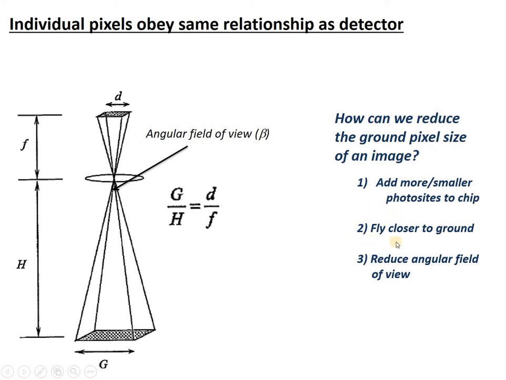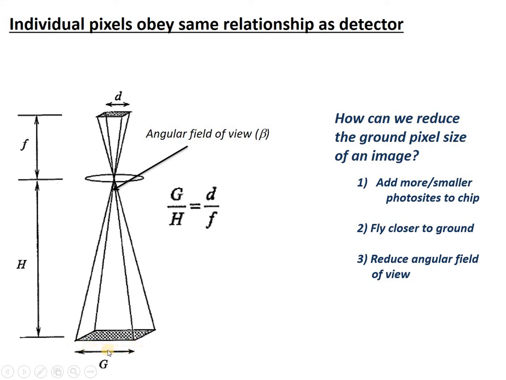You can fly closer to the ground is another one, right? So if you fly closer, you're going to take this geometric relationship and essentially you are going to shrink down G and get smaller pixels. But that's going to come at the cost of the total width of your field of view, right?